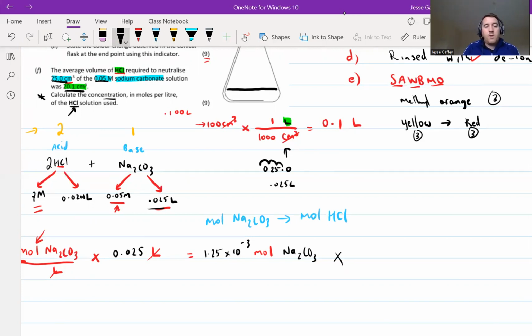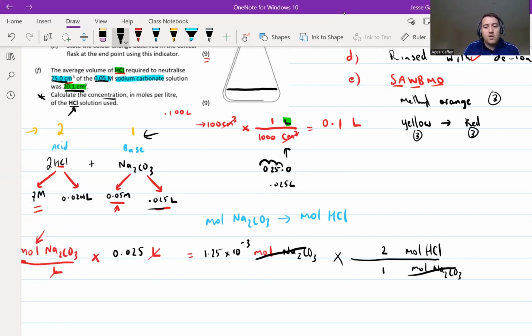Okay, so set up a conversion factor again. We need moles of Na2CO3 to cancel because we don't want that anymore. We want moles of HCl. So I'm going to put moles of Na2CO3 in the denominator here, so they cancel, and I want to be left with moles of HCl. The next thing I do is go to my reactant ratio up here, and I see it's 1 Na2CO3 to 2 HCl.